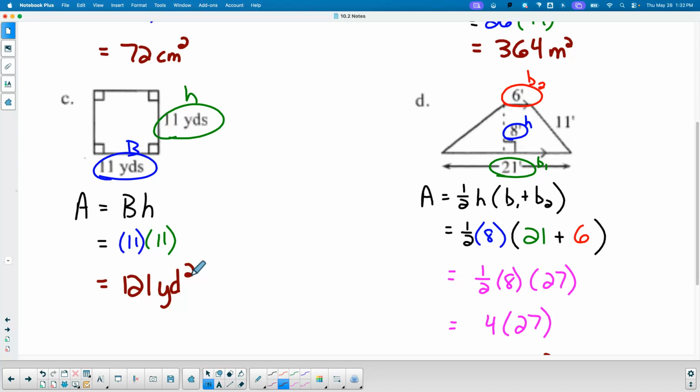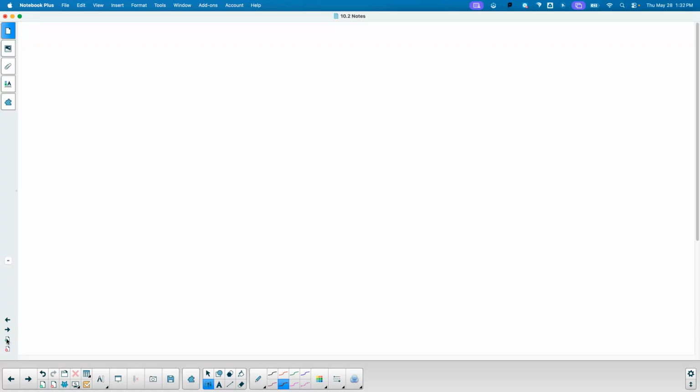One of the other things that's going to show up in your homework tonight that we didn't get to quite yet is multiplying binomials. A binomial is something like 3x plus 4. It's got two terms that are different, that can't be combined.